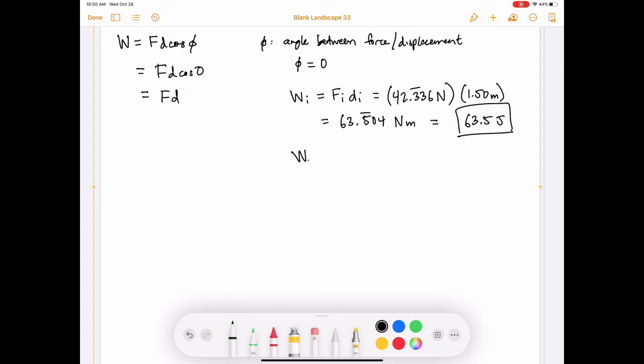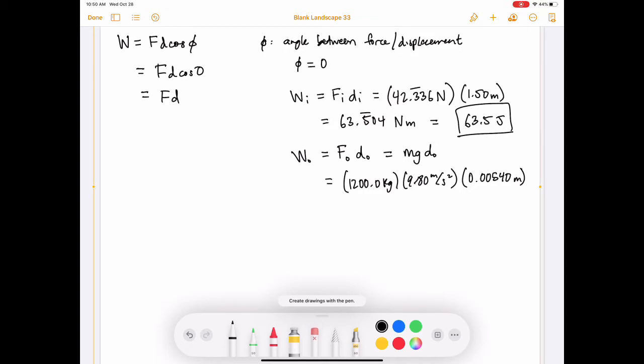Okay, at the output side, we have that force, F O times D O. And remember, the force at the output side is just the weight of the car, which is M times G, and then we're multiplying that by D O. So now we have the mass of the car, 1,200 kilograms, times 9.8 meters per second squared, times D O, which, we calculated this before, is 0.00540 meters.